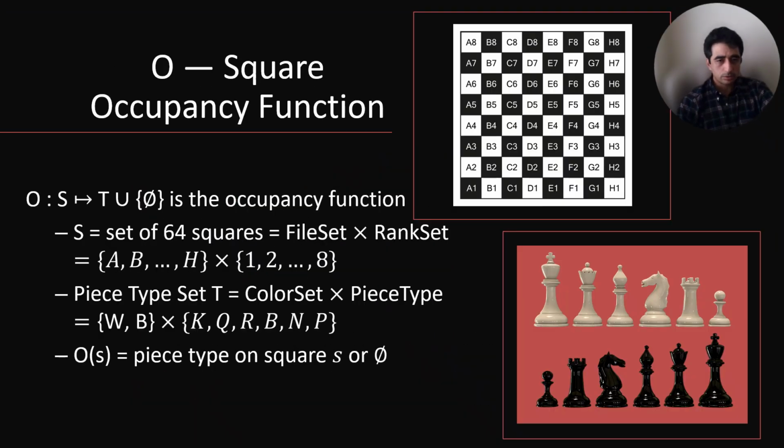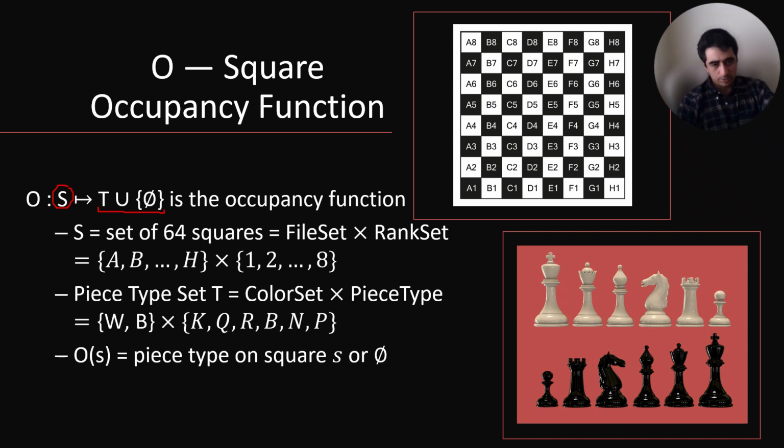Let me quickly talk about the square occupancy function, because that's kind of important and it helps you understand the future slides. Basically, this is a function whose domain would be S, which is the set of all 64 squares we have on the chessboard, and the target would be T union empty set, where T is the piece type set, which can be white king or black king, white queen or black queen, white rook, all that.